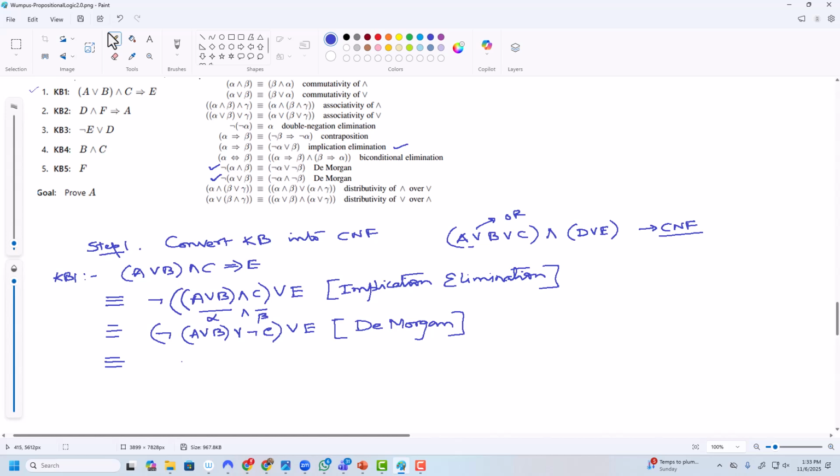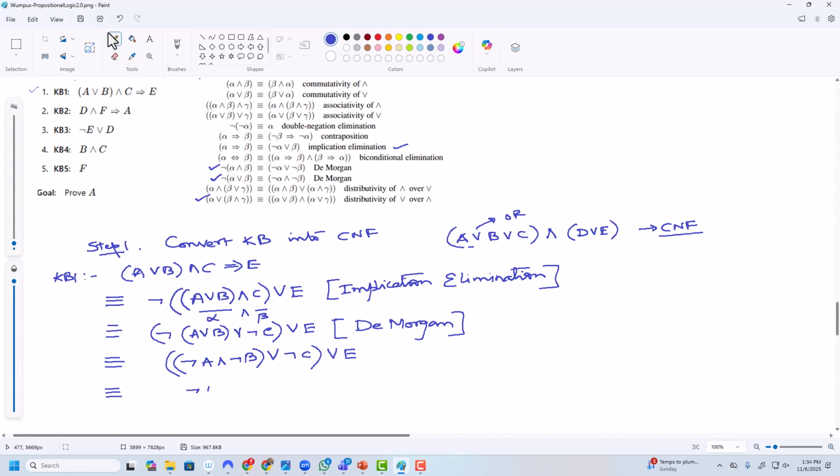So that will be not A and not B. And then we have or not C, and then we have or E. So after this, we will apply distributivity over this one, alpha or beta and gamma. So this is basically alpha or beta and alpha or gamma.